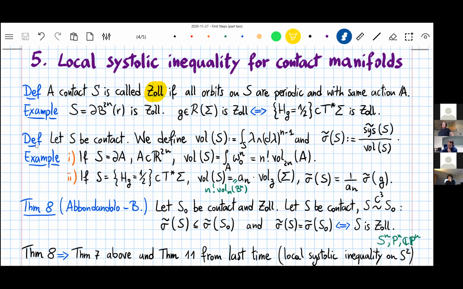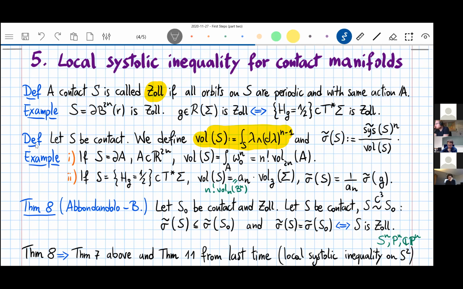This is given by this formula here, which might look a bit mysterious. Then using this volume, you can also define the systolic ratio by dividing the n-th power of the systole by this volume. And here you see that we are doing things in parallel as before.